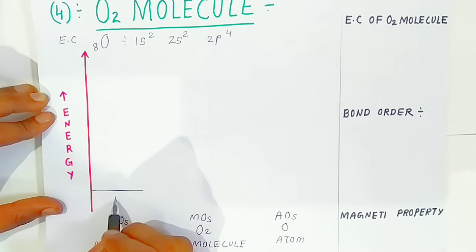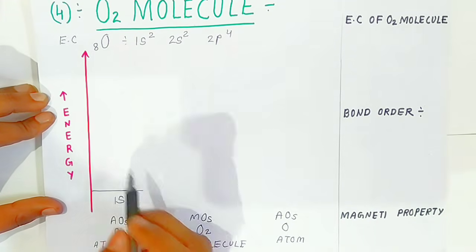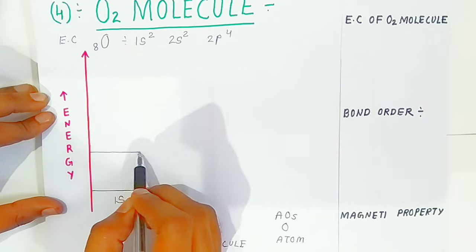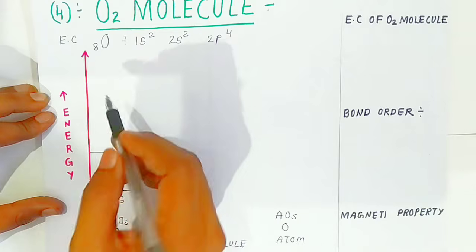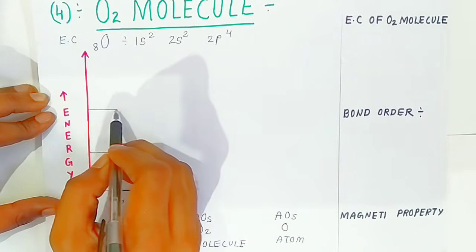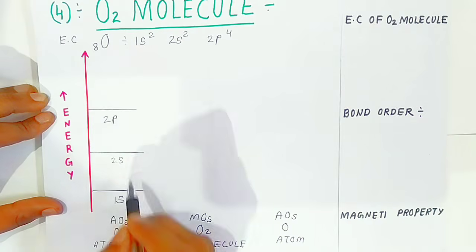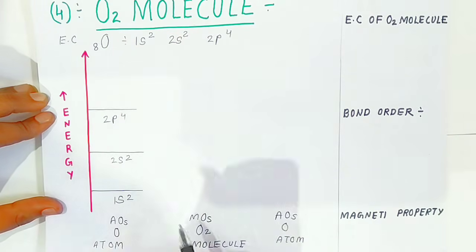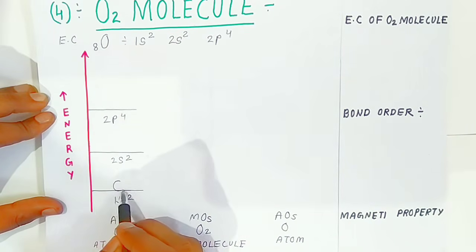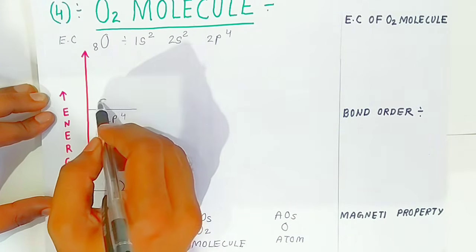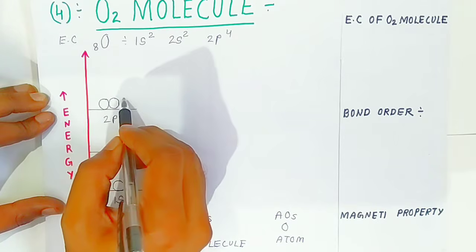This is the 1s orbital, and after that you have 2s, and then you have 2p. The electrons present are 1s2, 2s2 and 2p4. 1s has only 1 atomic orbital, 2s also has 1 atomic orbital, 2p has 3 atomic orbitals. That means it has 3 subshells.